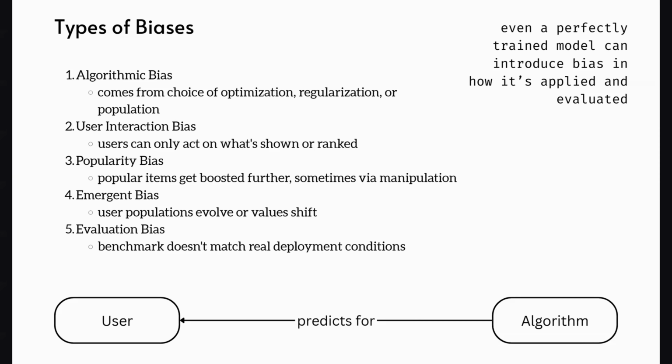It seems similar to each other, user and popularity? If there is something like you are manipulating the data, something bad going on, something adversarial, that would come in the popularity bias. But the user interaction bias is more natural.